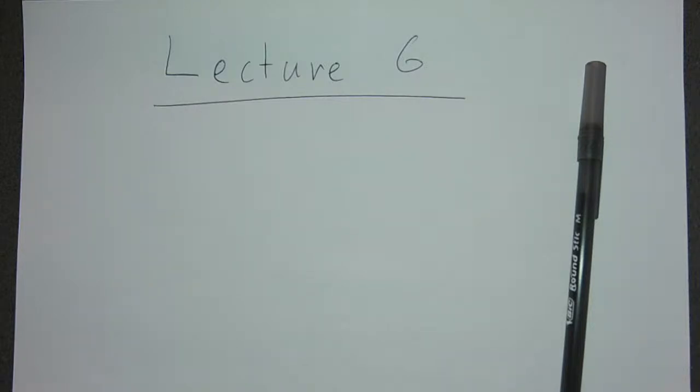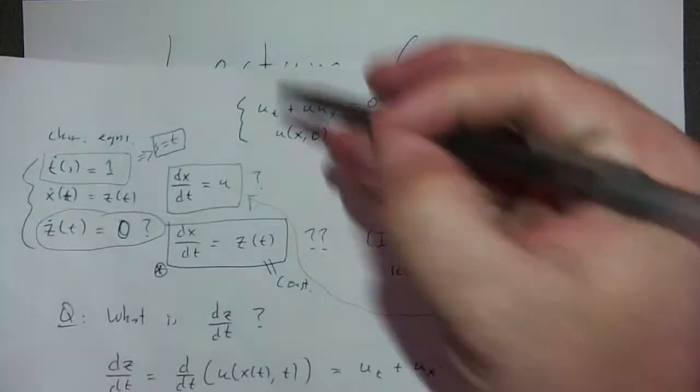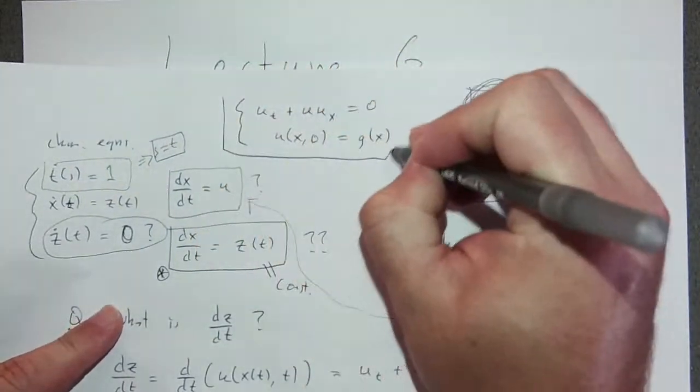We left off with a particularly good example of a quasilinear first-order PDE. Our example was Burgers' equation, the inviscid Burgers' equation. Let me pull that back up. So here was the equation in question.